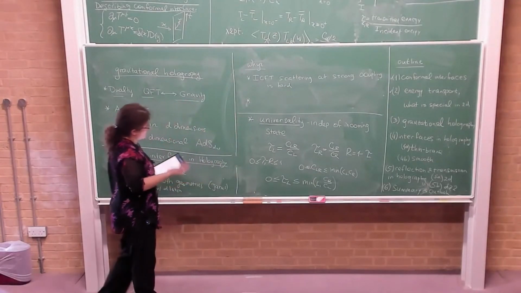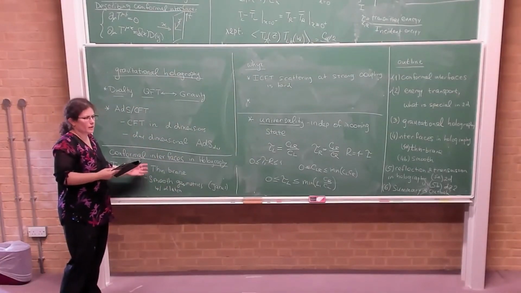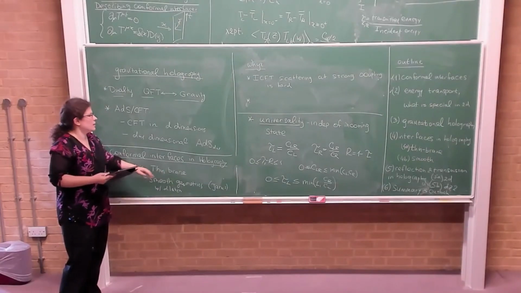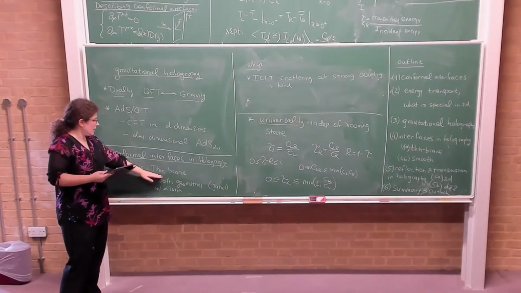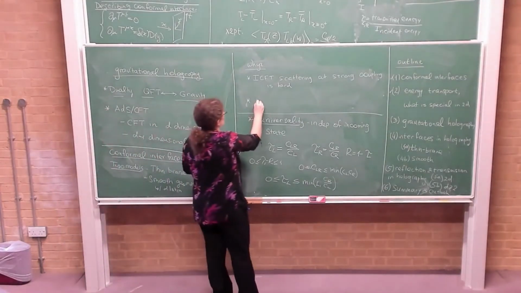And the other side is that these specific models are of interest in developing holography itself. For instance, the thin brane models have played a rather important role in recent studies of the black hole information paradox on the gravity side. So it is important to understand the models.